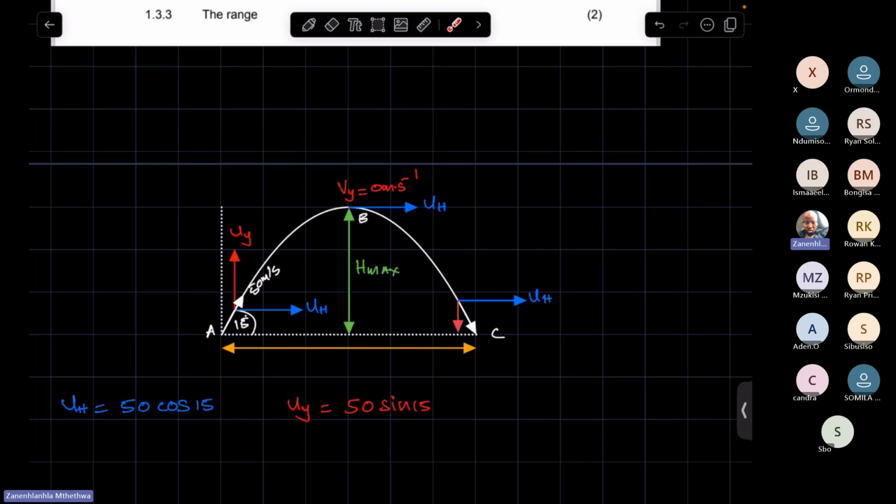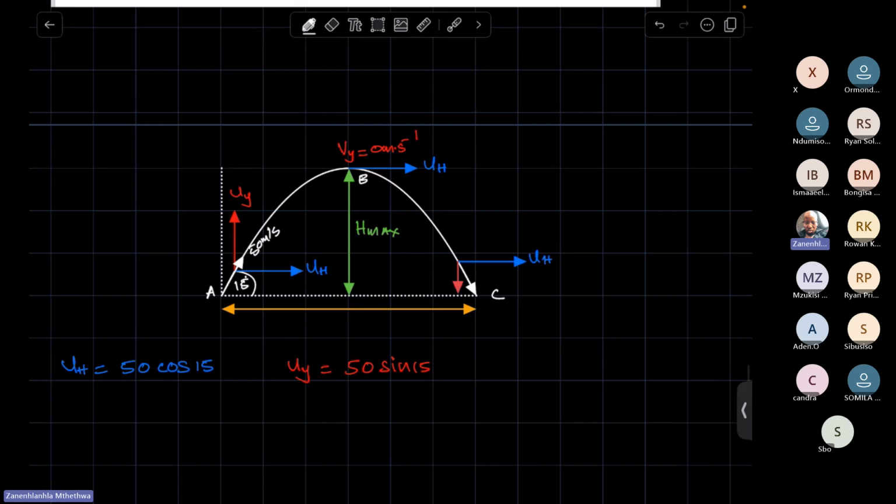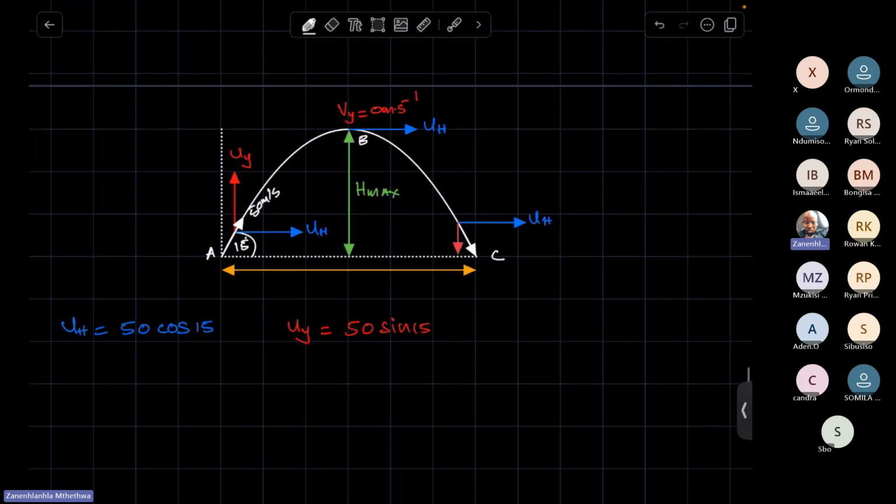As far as the vertical plane, we have quite a few equations of motion that we can use, depending on which one is convenient for us. For this case, based on what you've been given, on the vertical plane you have the initial velocity, the final velocity, you have g, and you're looking for t.